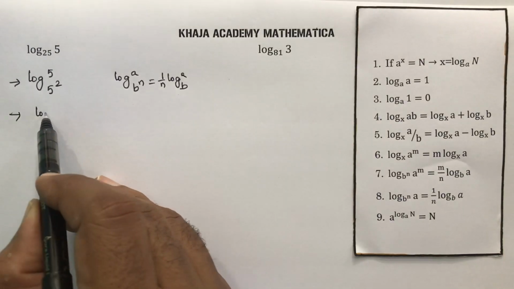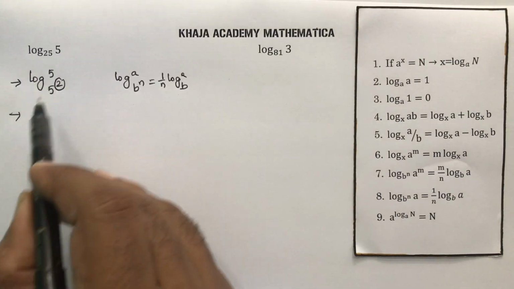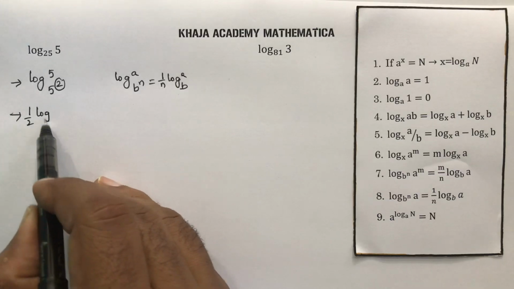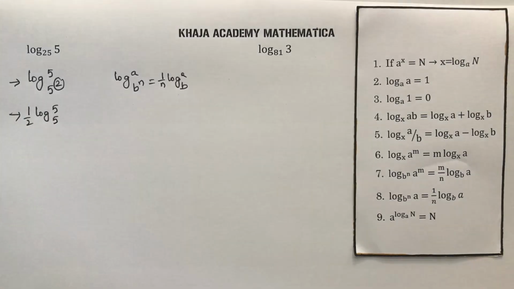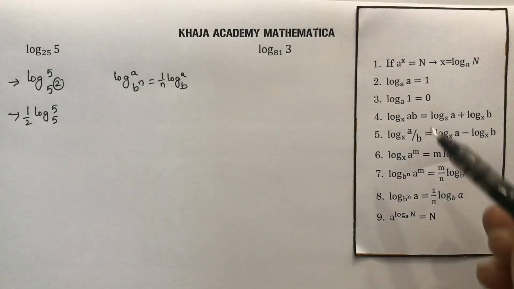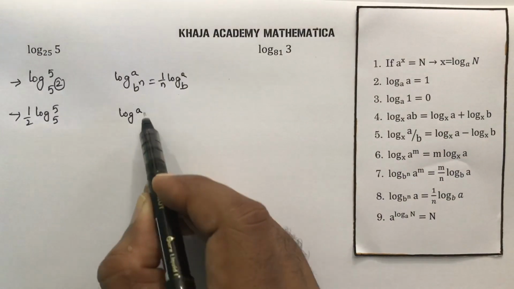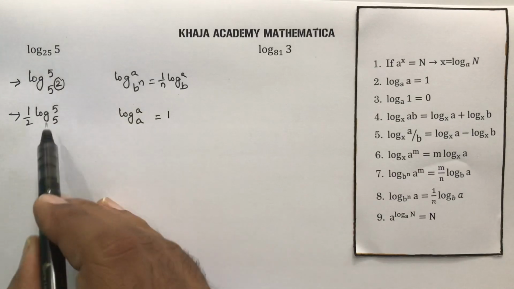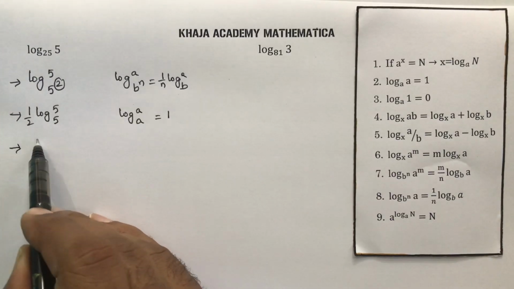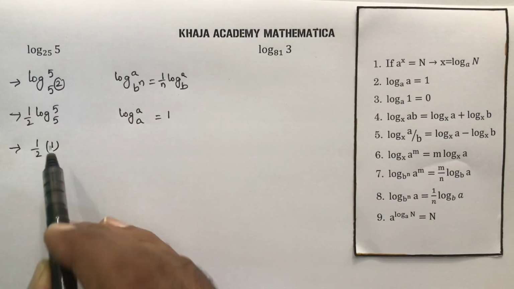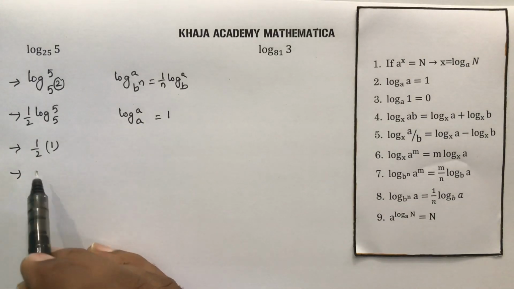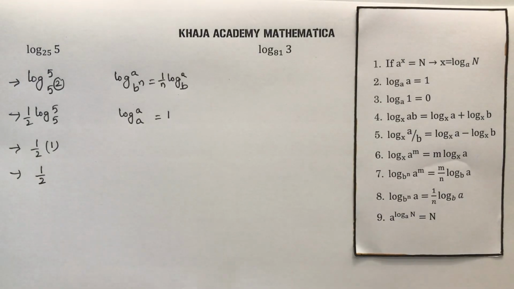So here in place of n we have 2, so 1 by 2 log 5 to the base 5. Now log 5 to the base 5, if you see the second formula, the logarithm of a number to the same base is 1, so log 5 to the base 5 is 1. So here 1 by 2 into 1 is 1 by 2. So in this way we can simplify this.